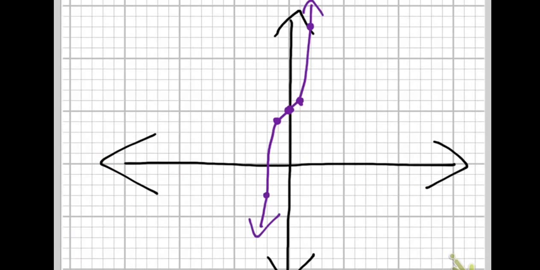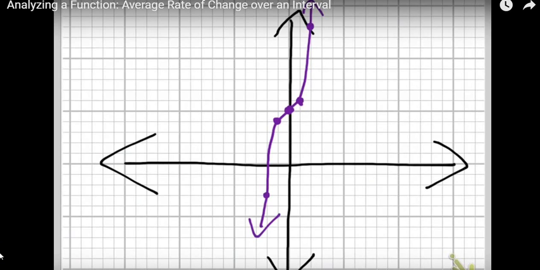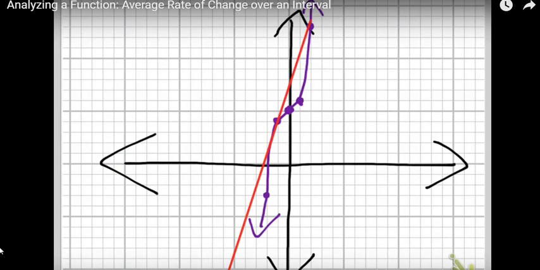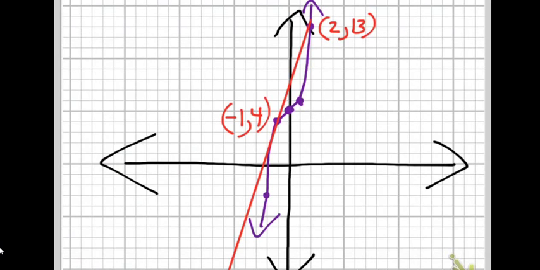So, remember before we talked about how this looks just like the slope of a line. So let's take a look at what this looks like on a graph. We can actually draw a line between the 2 points that we're looking at, which are negative 1, 4 and 2, 13. And if you remember anything from your circles unit in geometry, the term for this is that this line is secant to the curve.